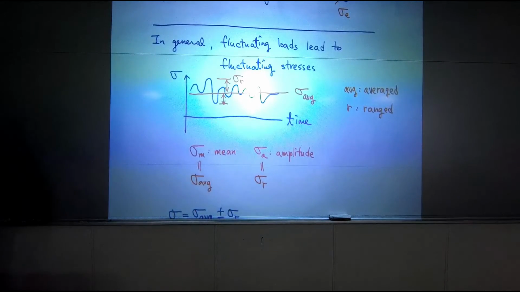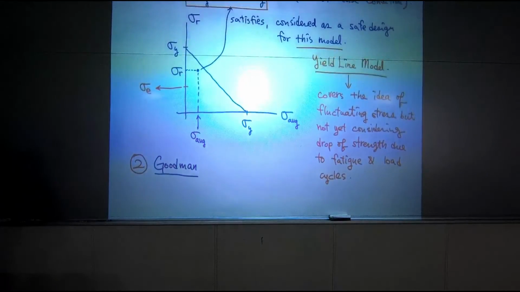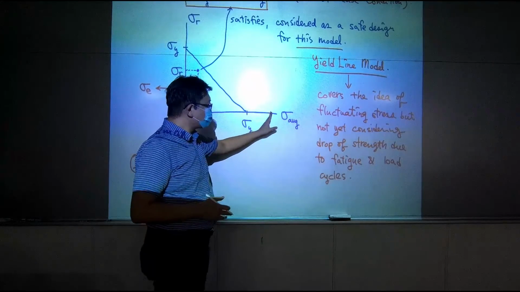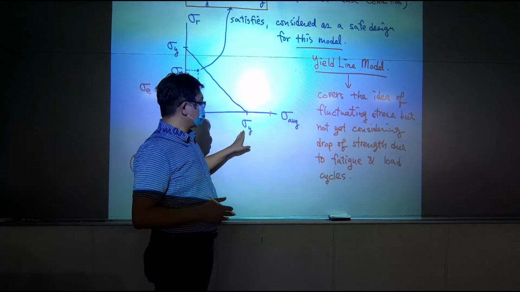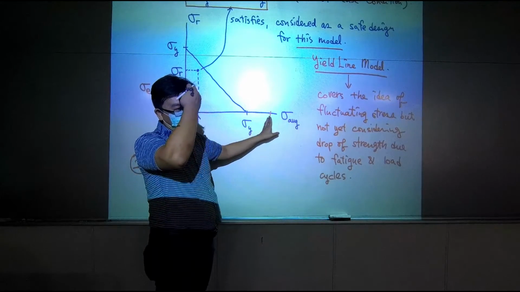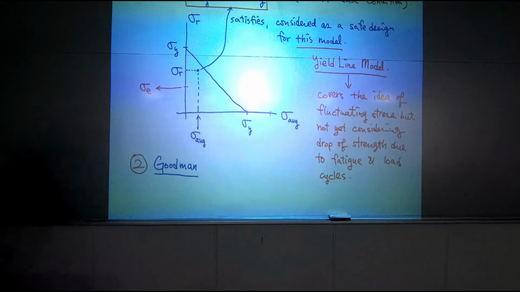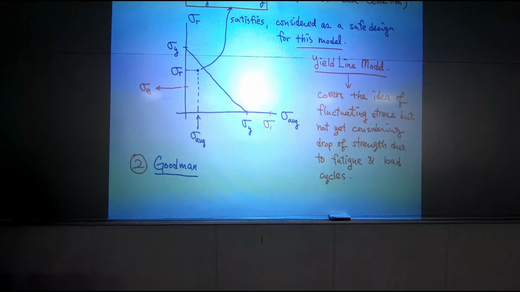It's his model. So what he did was he decided to allow the average sigma to be even greater than the yield strength. So what is the value greater than yield strength? Basically the ultimate tensile stress, sigma U. Okay?